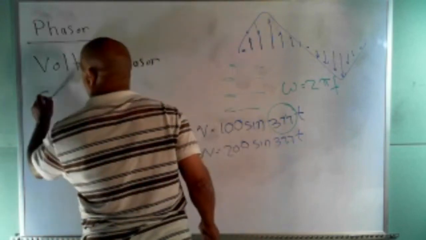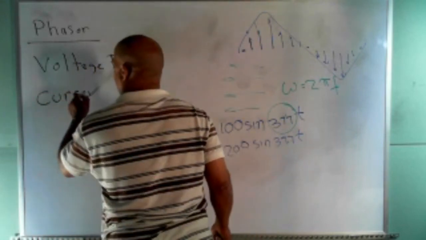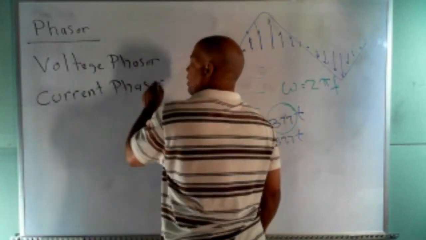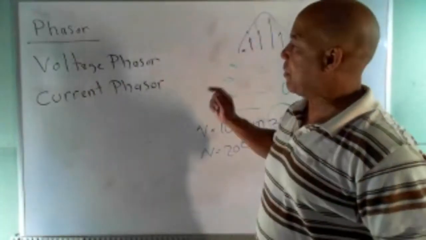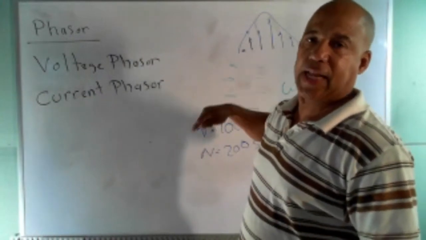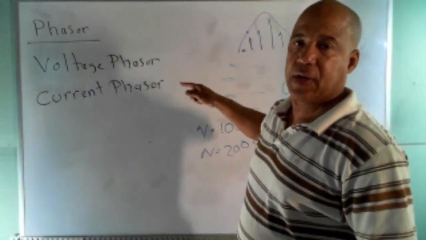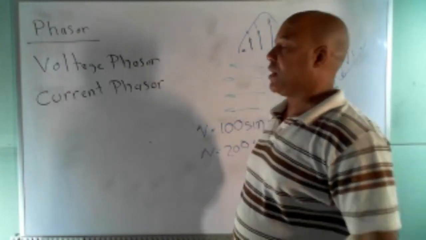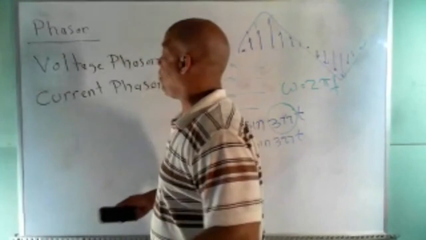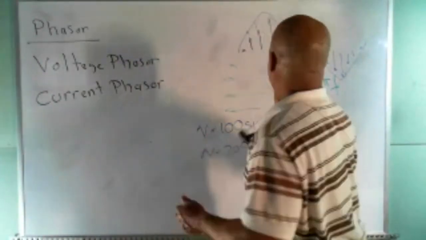I can have a current phasor. Those are the only electrical quantities that I'm allowed to call phasors, a voltage or current. To express a voltage in phasor form or current in phasor form is really simple.